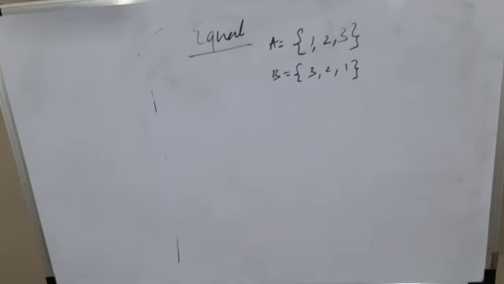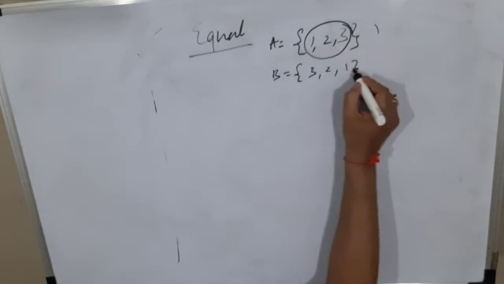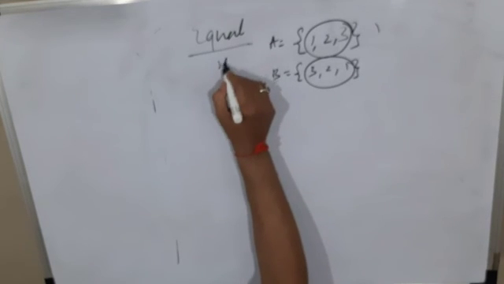Is it equal? Yes, because the elements of set A are the elements of set B. So these are called equal sets.